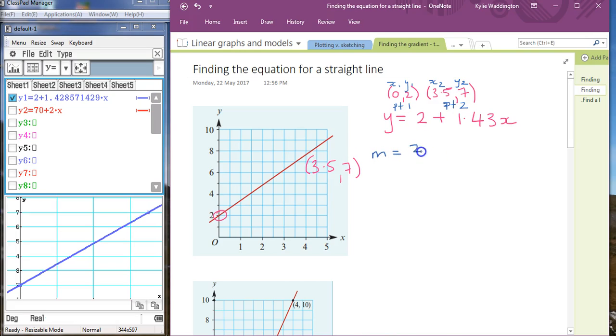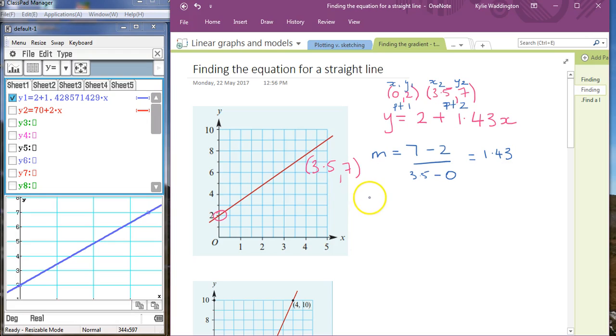So, hang on a minute, 7 is our y2 value. 7 minus 2 over 3.5 minus 0 equals, when you put it into the calculator, the value that we found before.